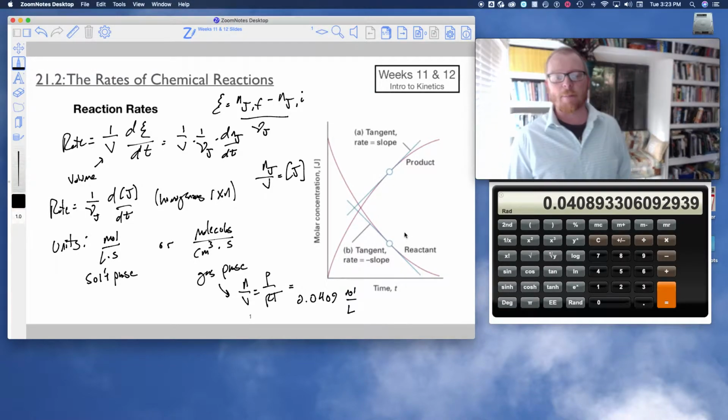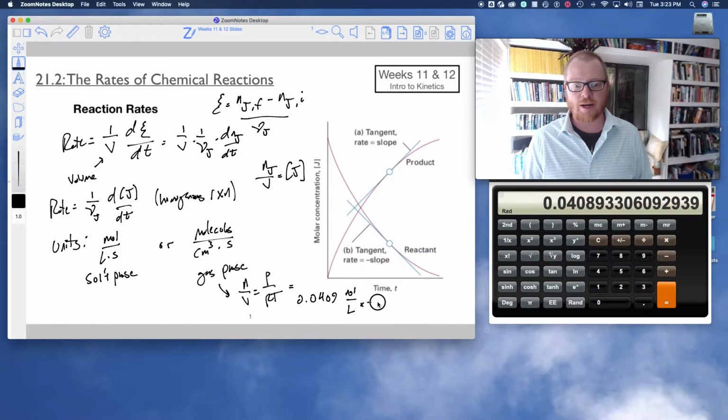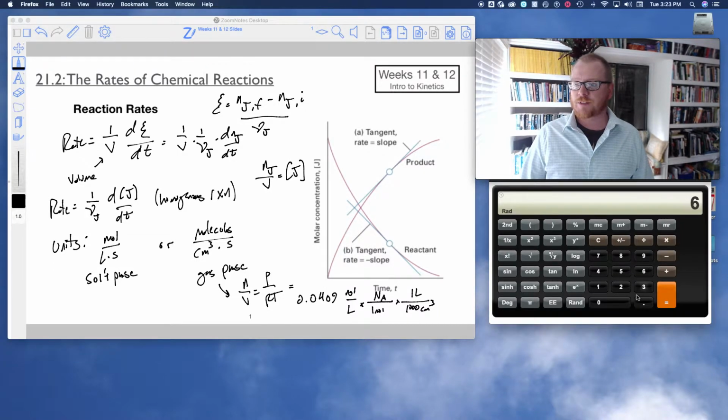And to get that into molecule per cubic centimeter, we know that in 1 mole, there's Avogadro's number, so 6.022 times 10^23. And we know in 1 liter, there's 1,000 cubic centimeters. So now if I take this number times 6.022E23, and then divide by 1,000, there we go.